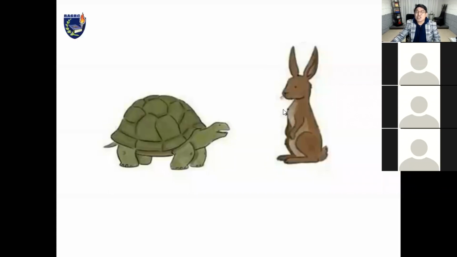So the rabbit challenged the turtle. Who do you think wins in the challenge? Is it the rabbit or the turtle? And here's the challenge. The challenge is, who between the two will arrive in their home first? Go, say the rabbit or the turtle.